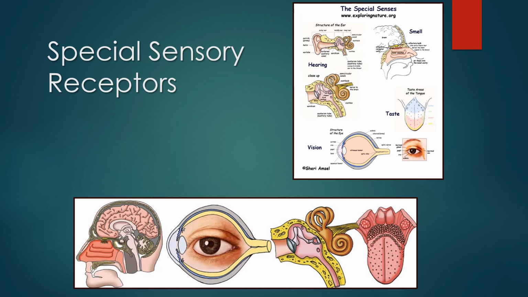Again, somatics are free nerve endings, dendrites, if you will. All of these special sensory receptors, olfactory, vision, hearing and balance, taste, those are mediated by special sensory cells that then interface with neurons. So it's a different system relative to the somatic. Just as a little aside for you to better appreciate the difference.